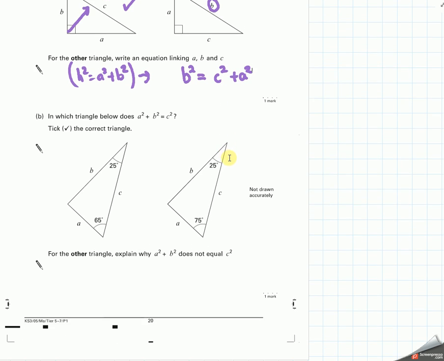Scrolling on down, which triangle below does this work for? Now, the rule with Pythagoras is that it only works for right angle triangles. It does not work for any other form.